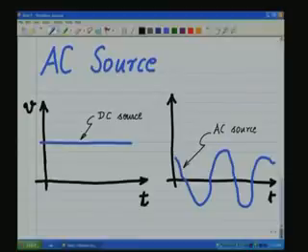In an AC source, the voltage waveform or the current waveform varies, goes positive and negative, or has a varying component as a function of time. Whereas, in the case of the DC source, as a function of time, the value of the voltage or the current is going to be constant.